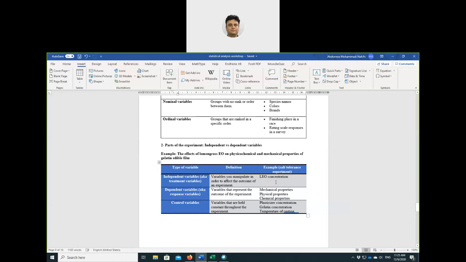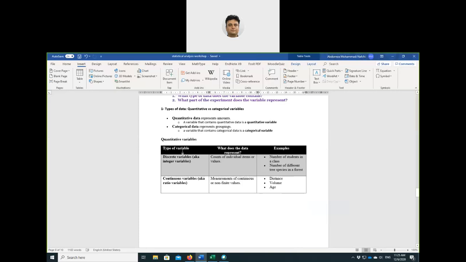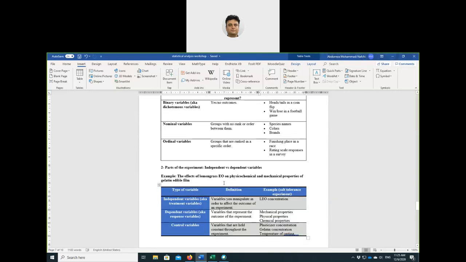And if you want to know the types of these variables, the concentration is quantitative. And it is continuous because you can use 0.1, 0.2%, 2%, 10%, different values. But here we cannot use all concentrations to measure the independent variable.